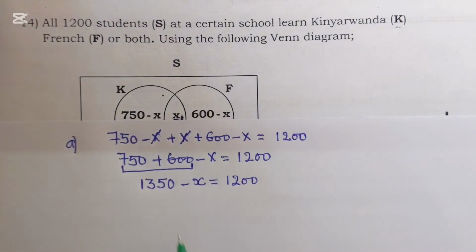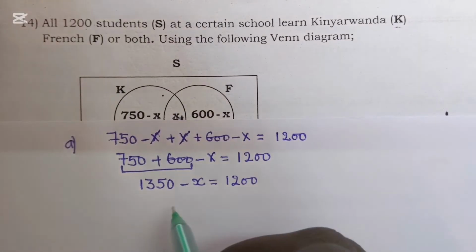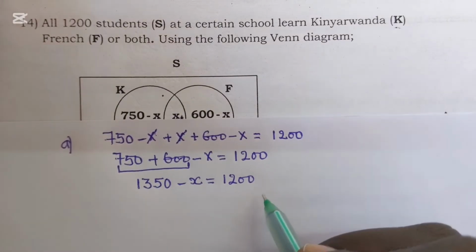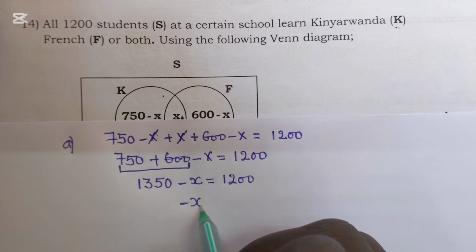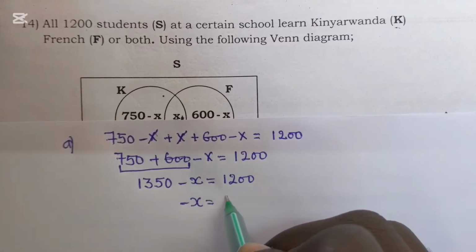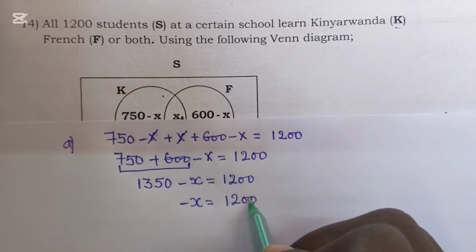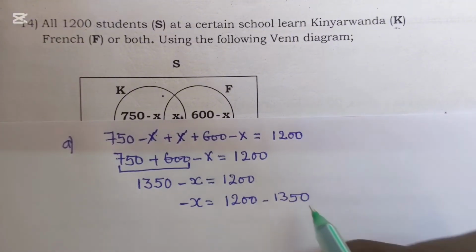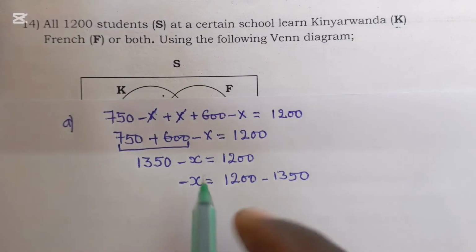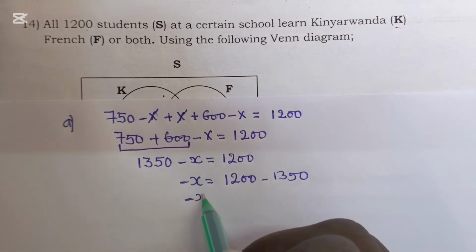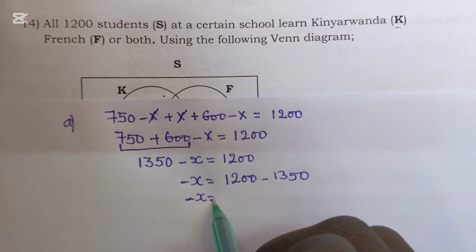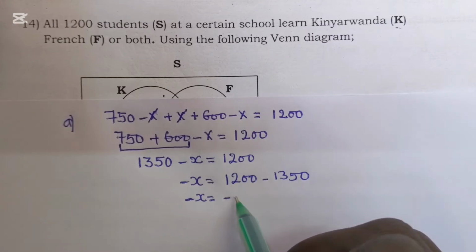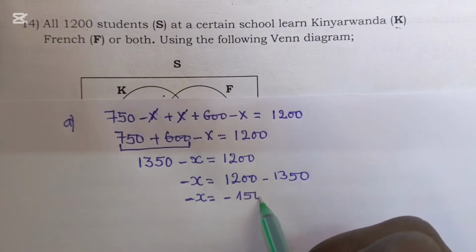Now by grouping like terms, this will change their position to get negative x equal to 1,200 minus 1,350. This will be negative x equal to negative 150.